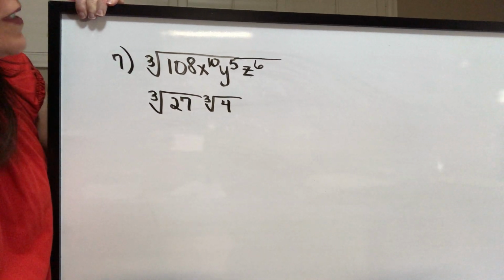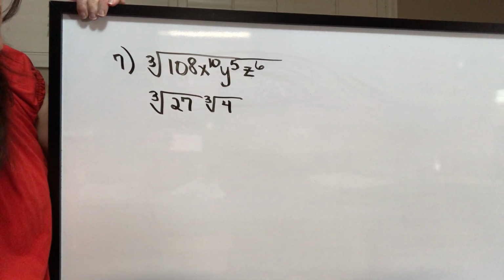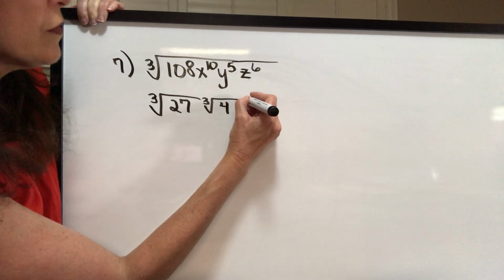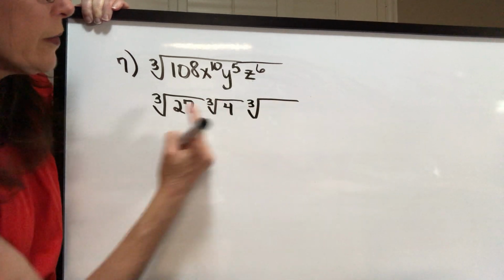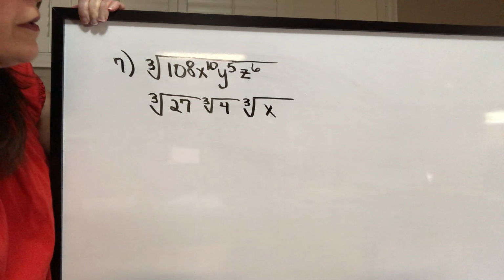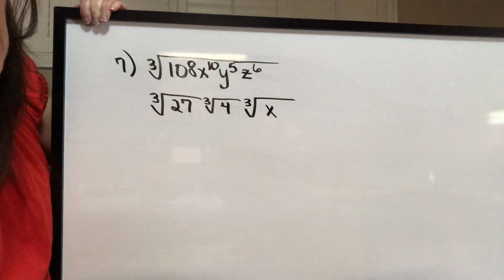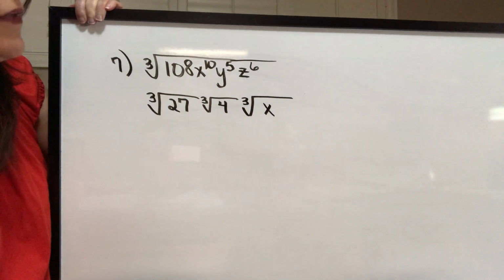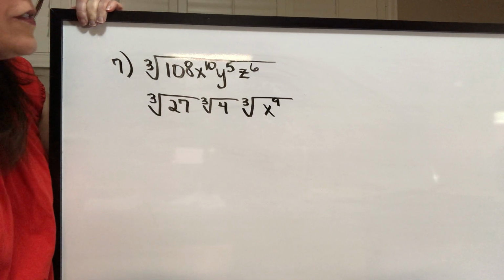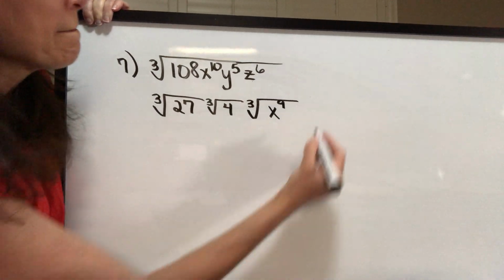So what we want to do is split up x to the 10th into something that is a perfect cube and something that is not. So we're going to break it up into 2 radicals, just like we did with the 108 back here. So you want to think what power of x, the highest one you can think of, would be divisible by 3. And that would be 9, because 9 divided by 3 would be 3.